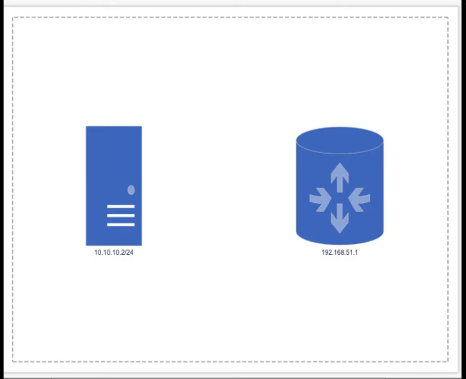Worst part about this is that if you were trying to remotely manage this thing and you change the IP address, right? If you're on a 192.168.51 network, you can no longer reach this box. You've just cut yourself off from this box. So you have to be very careful when setting up and changing IP addresses to manual.